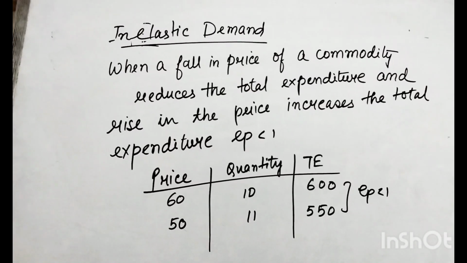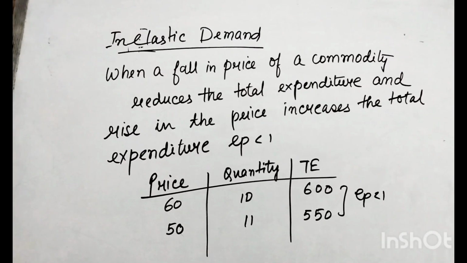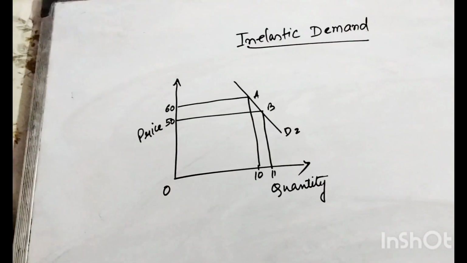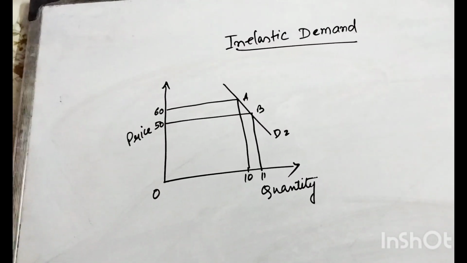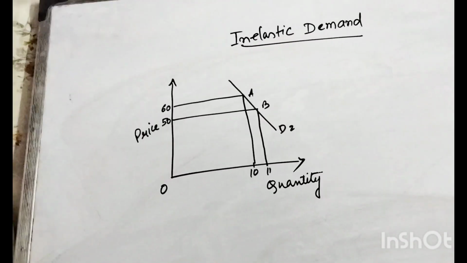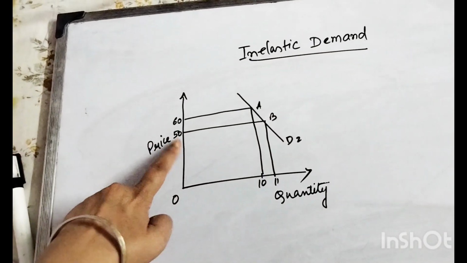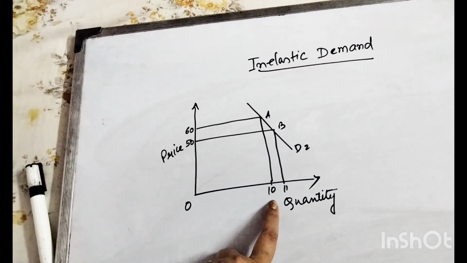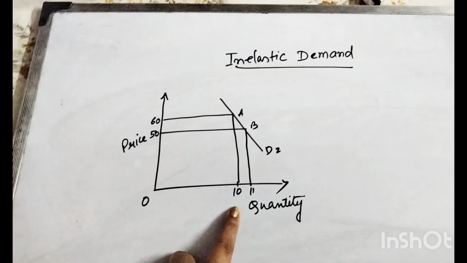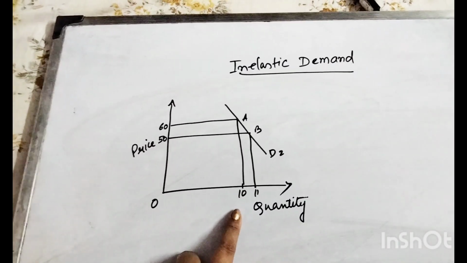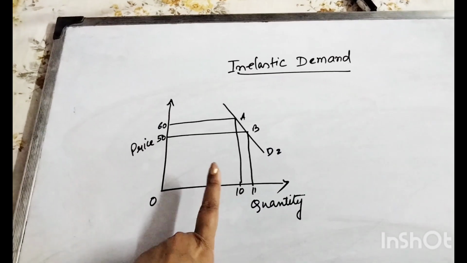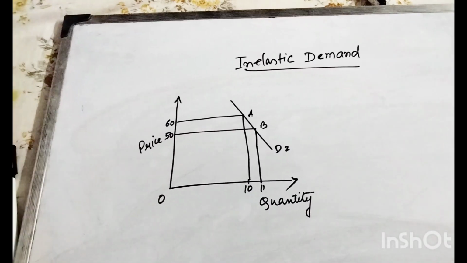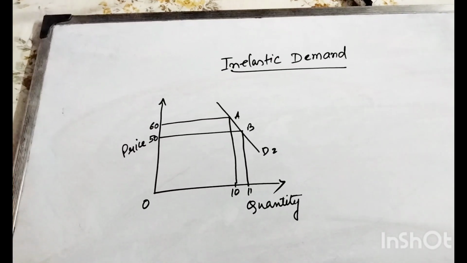EP is less than 1. Let us see with the help of the diagram. This is the diagram of an inelastic demand. Here the price is 60 and the quantity is 10. When the price falls to 50, the quantity demanded increases to 11. So in the case of inelastic demand, the demand curve will be a little bit steeper, and EP here will be less than 1.